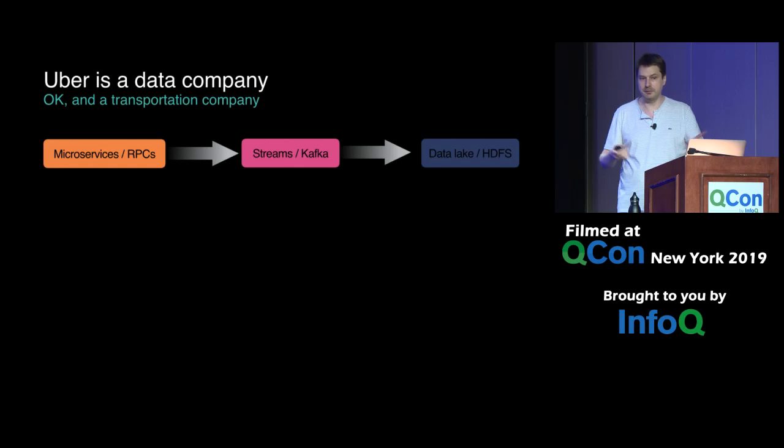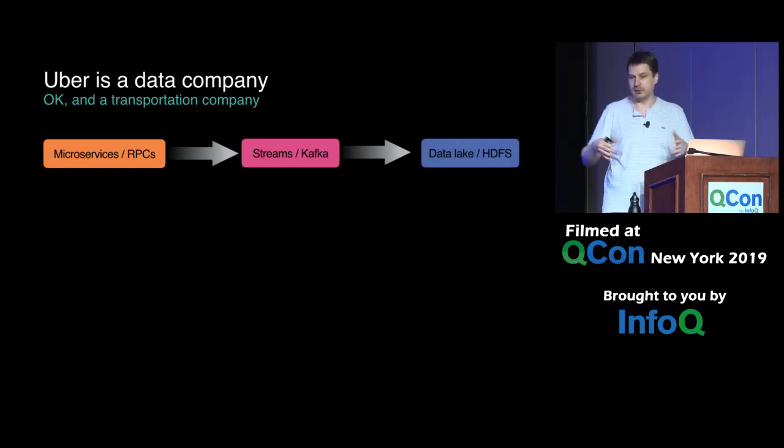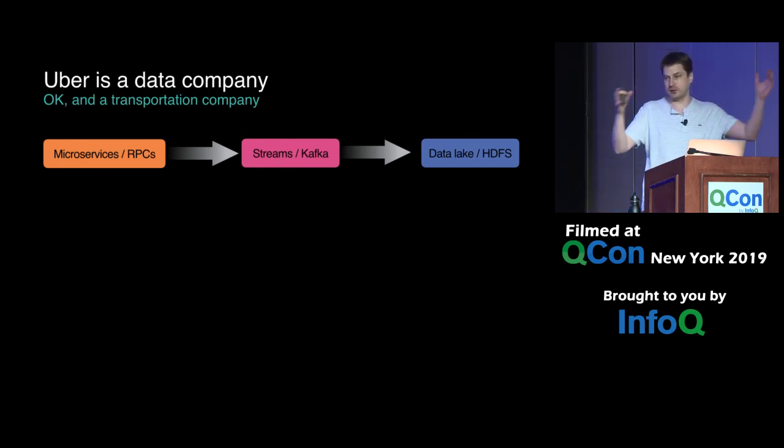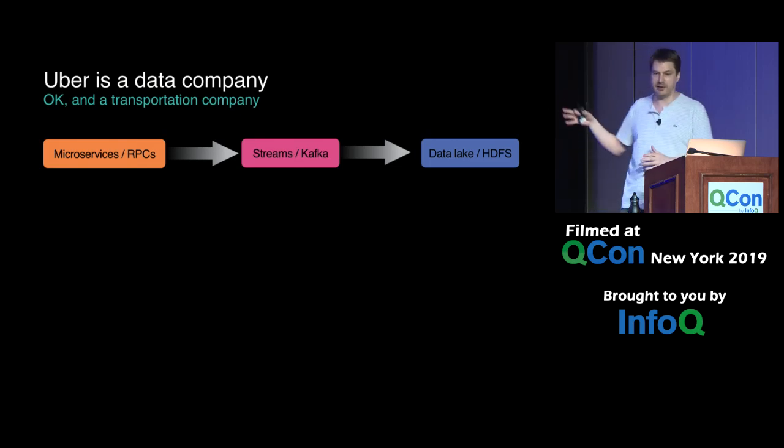We compute ETAs, compute routes, so we use a lot of data all the time to actually operate the system, right? Our typical flow of data is that there's a lot of exchanges happening in the RPC space, then there is some asynchronous processing via Kafka messaging, and then in the end, some of that data ends up in the data lakes with HDFS.